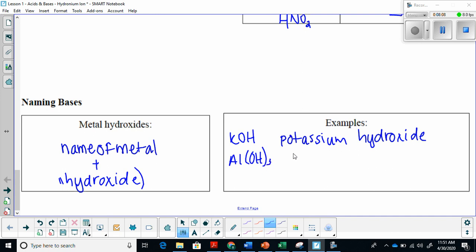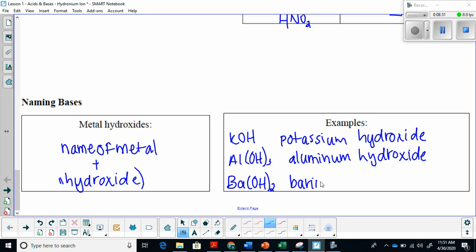This one would be aluminum hydroxide. Let's do one more. We have barium hydroxide, Ba(OH)2, so that's going to be barium hydroxide. Perfect.